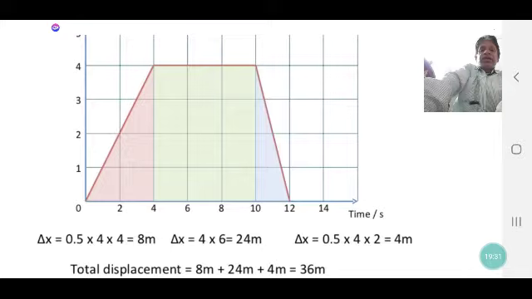Now delta x shows the distance covered. For the red color triangle, the area is equal to 0.5, that means half, into 4 into 4, that will be 8 meter. It is the distance or displacement. Now for the green color, it is the rectangle.